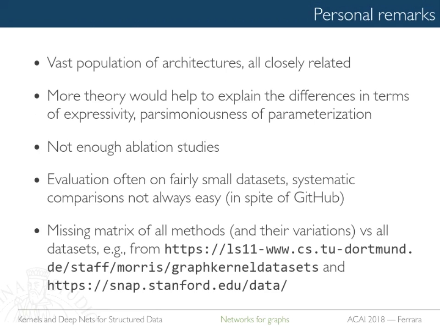I think there are two problems. If you want to work on that, I think it's still open. So feel free to start working on that, because there is very little theory to understand the expressivity of these models. Okay. And also experimentally, what is really missing, all these little variants.